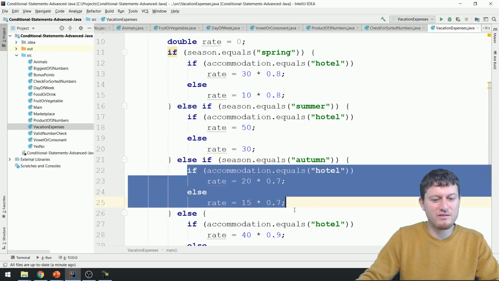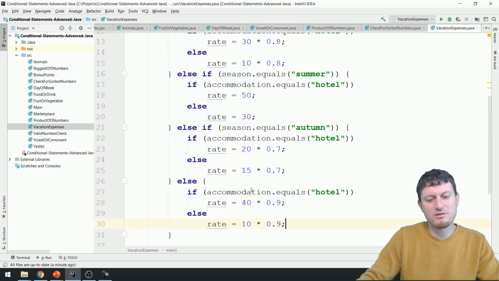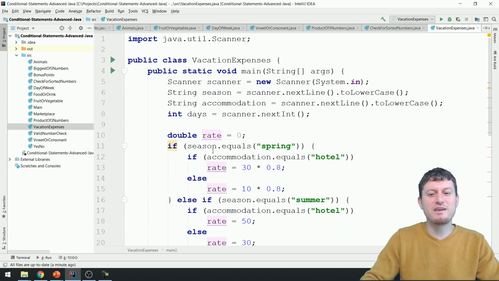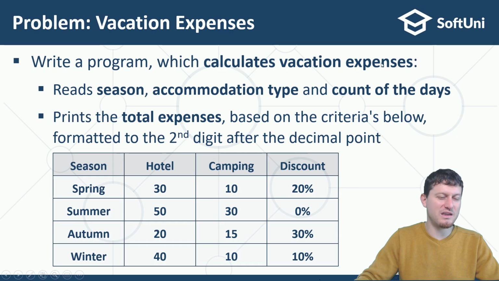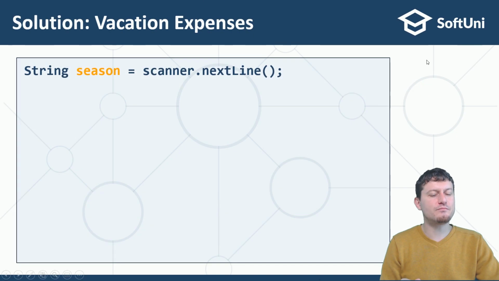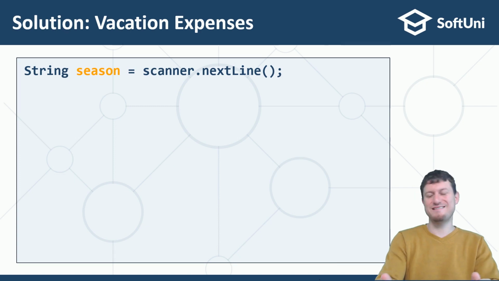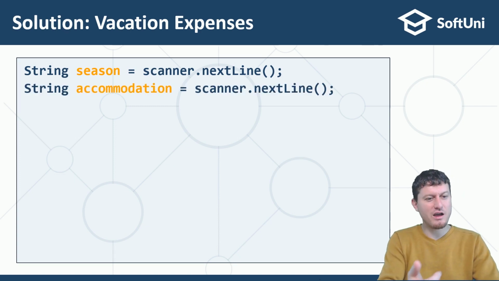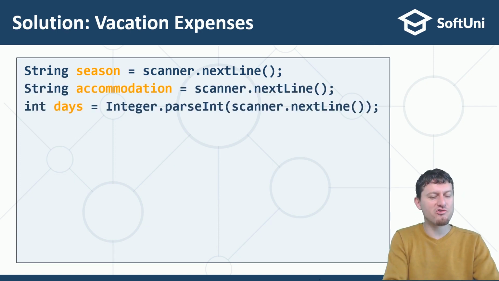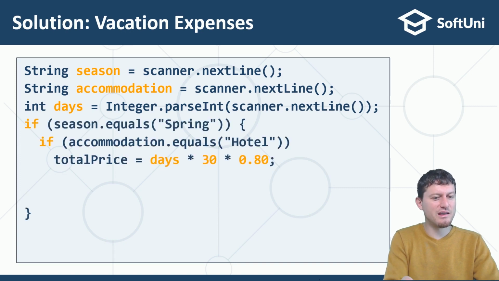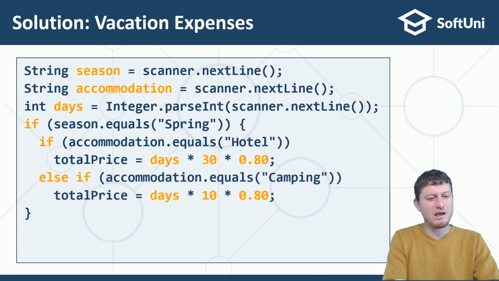4 nested if statements, which handle these 4 basic cases and 4 inner cases, subcases. Okay, this is the solution I had in mind before the start of this lesson. I read the season, I read the accommodation, I read the number of days, and later, if it is spring, I check for hotel and calculate the total price, like this, days multiplied by the rate by discount.